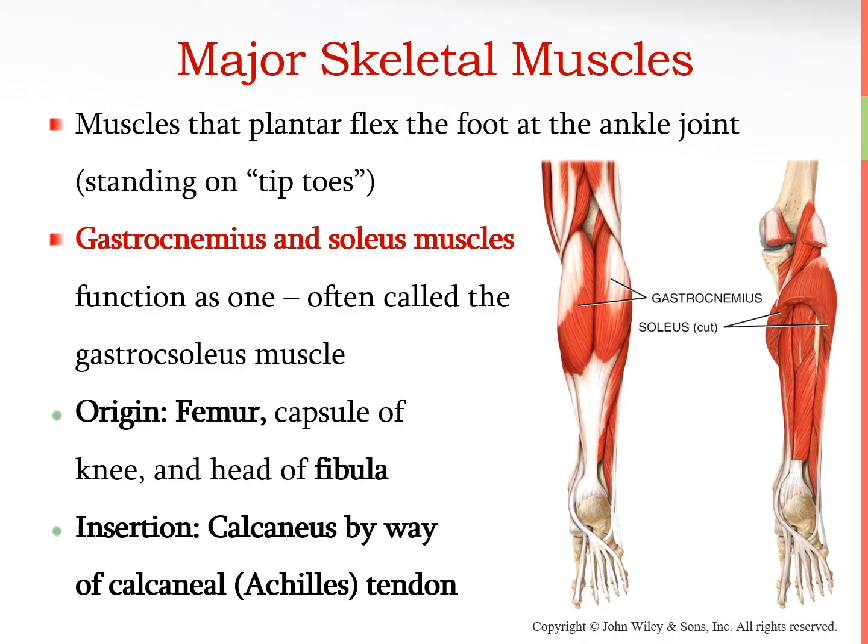Now, because the gastrocnemius is posterior and spans the knee joint, it causes the same action as the hamstrings at the knee. So the gastrocnemius is going to pull the leg up towards the thigh, and that is knee flexion.